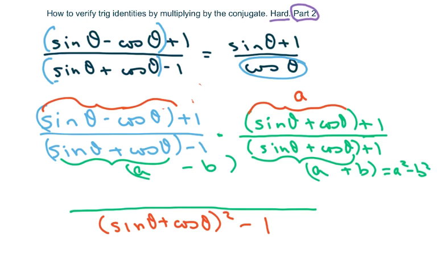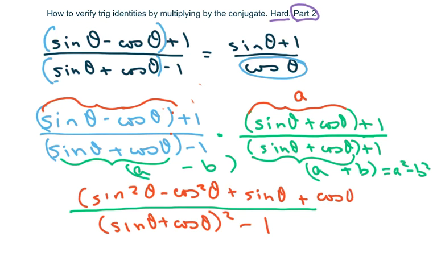So basically, when you multiply these two together, you're going to get a sine squared of theta minus, I'm foiling this part right here, minus cosine squared of theta plus sine theta plus cosine theta plus sine theta.